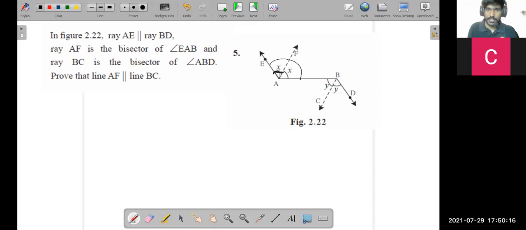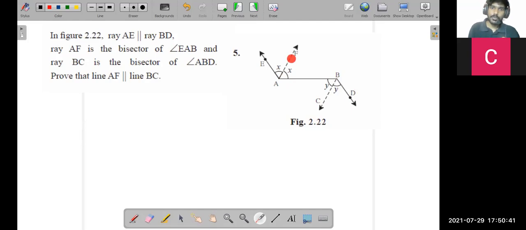This part is X, this part is also X, meaning same measure. Similarly, ray BC, that is this dotted line here, is the bisector for angle ABD. This line BC bisects ABD.